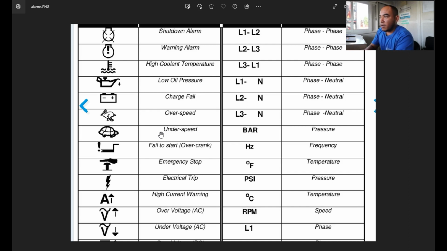Sometimes we have to look at the configurations, and a lot of things, for this type of alarm. But first, if you are encountering this underspeed, you have to look at your filter, your fuel, and the load.